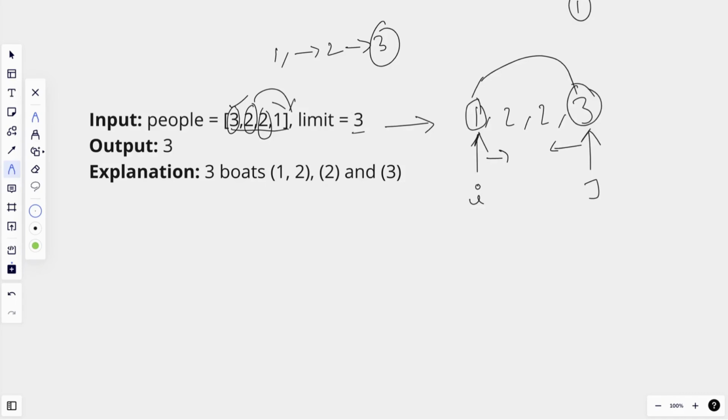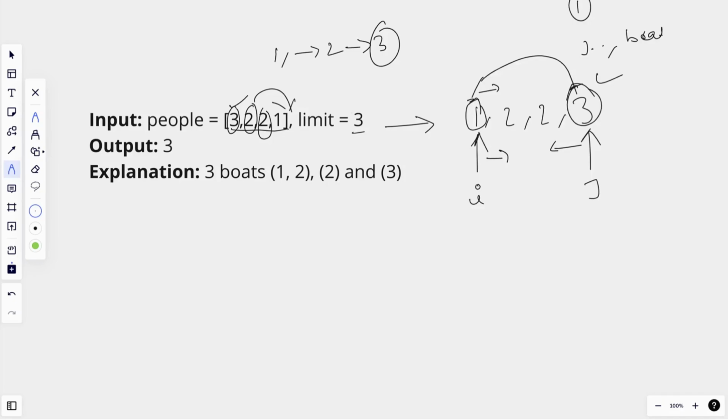And if that's not the case, meaning this j value cannot pair with this i value, then any value greater than weight of i cannot be paired with this guy either, so he has to sit alone. So I will do j minus minus and I will increase the boat count because this cannot be paired with any of the guys.